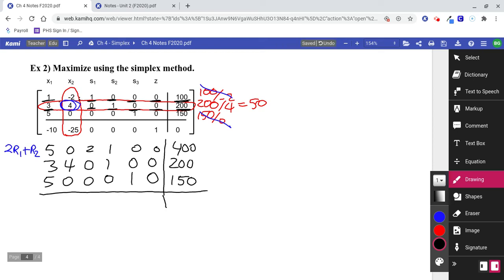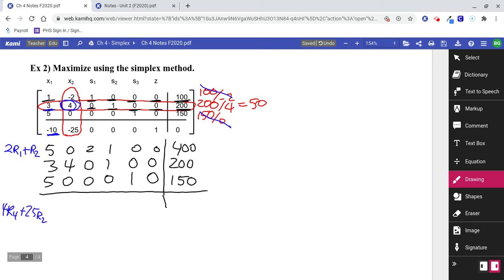At the bottom, got to get rid of a negative 25 using that pivot element of 4. Typically, I'm just going to multiply them times each other. So I would say 4 row 4s plus 25 row 2s. So 4 of these is negative 40 plus 25 of these, that's 75.